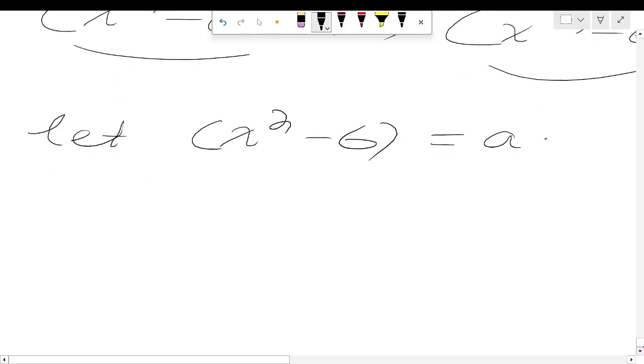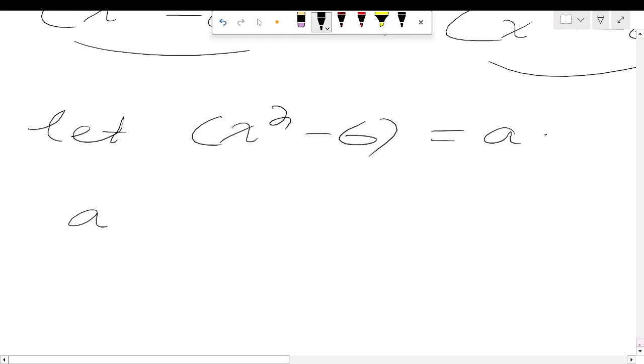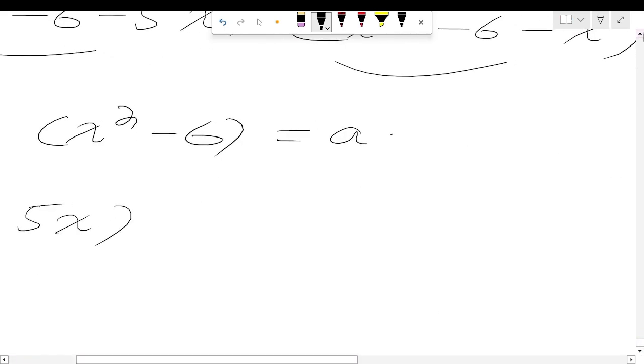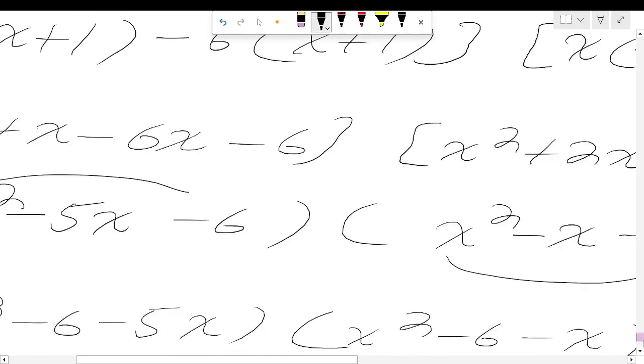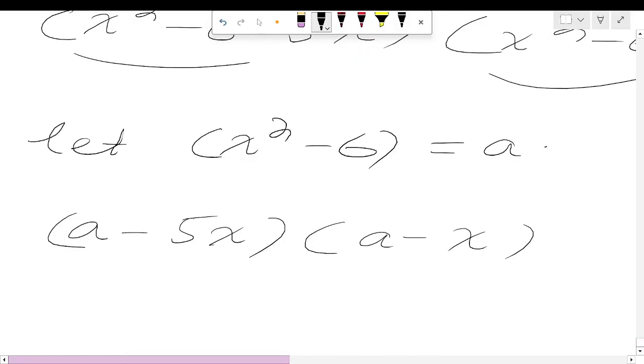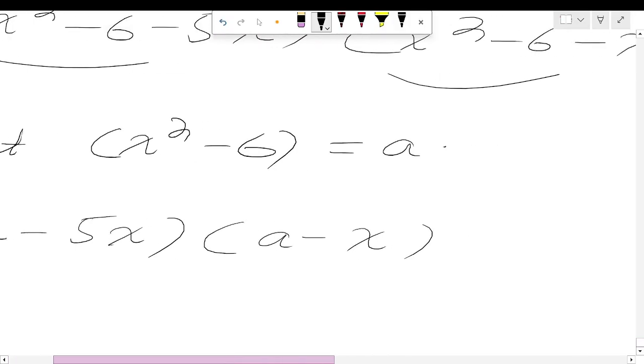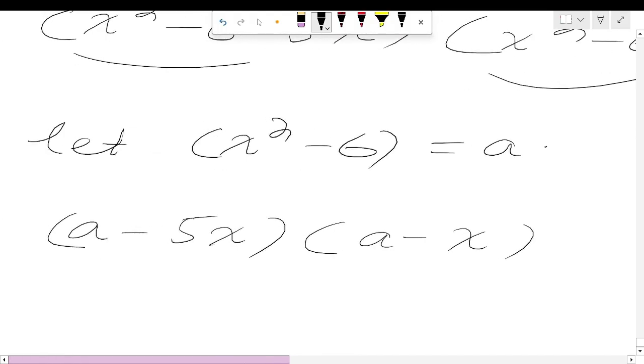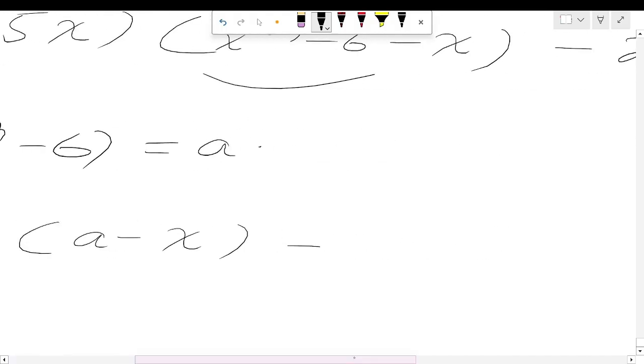After writing that, I can write a minus 5x here, and then I will write a minus x here. So we have these both expressions right here. Now it is subtracted from 21x square.